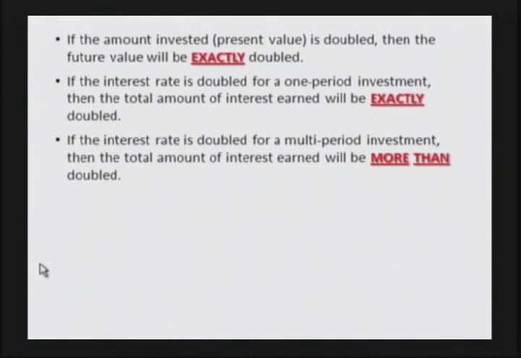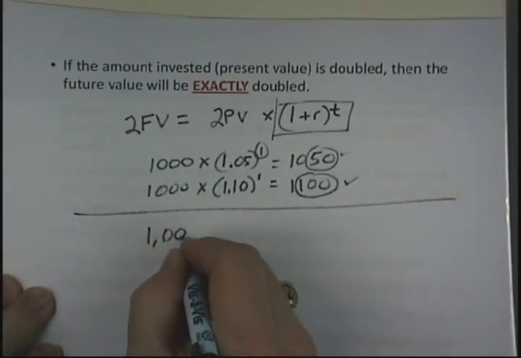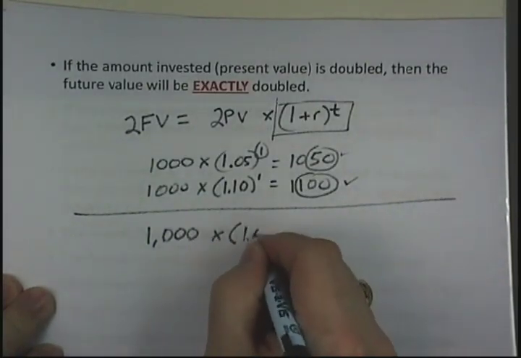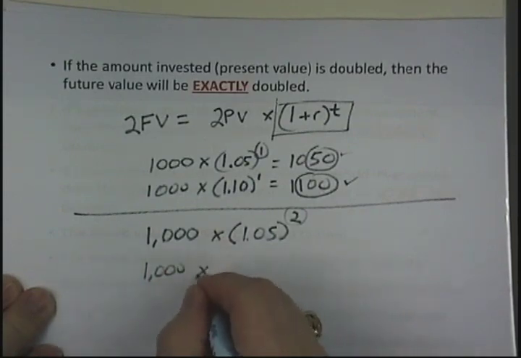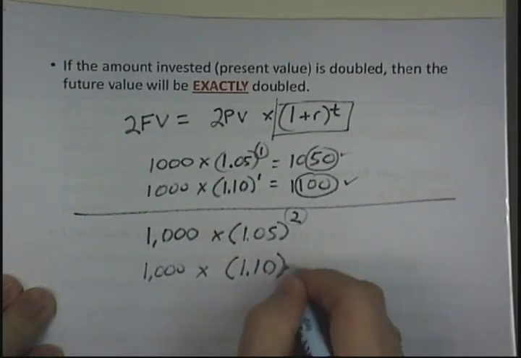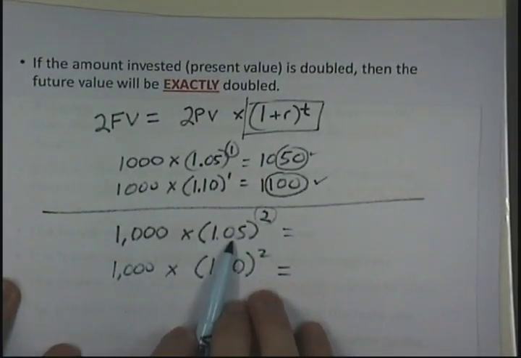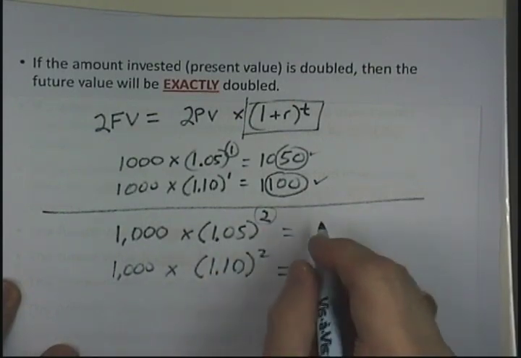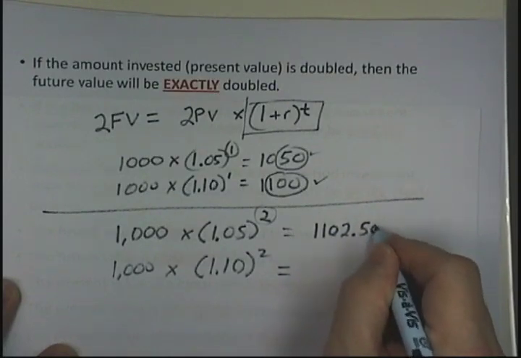If the interest rate is doubled for a multi-period investment, then the total amount of interest earned will be more than doubled. This is a multi-period investment, so it will be more than doubled. So let's take our same 5% and 10% example we just did, but make sure we have a multi-period example such as 2 periods, and we'll see what kind of interest we earn in that case. $1,000 earning 5% interest for 2 periods will grow into $1,102.50.